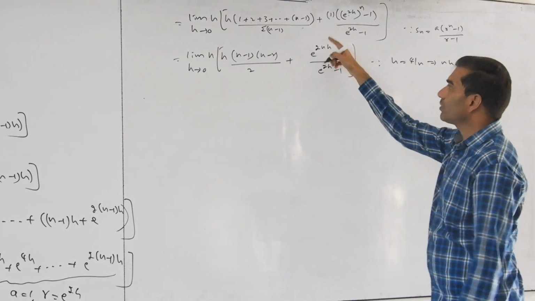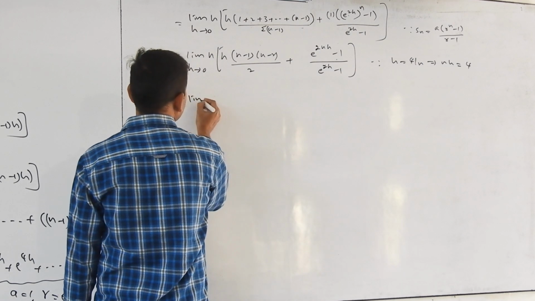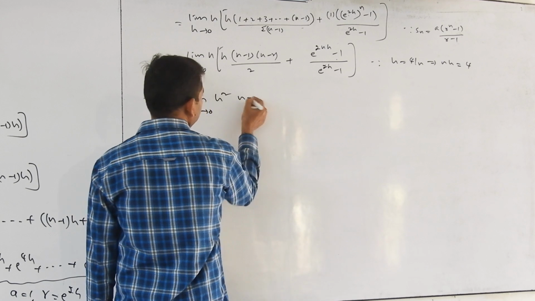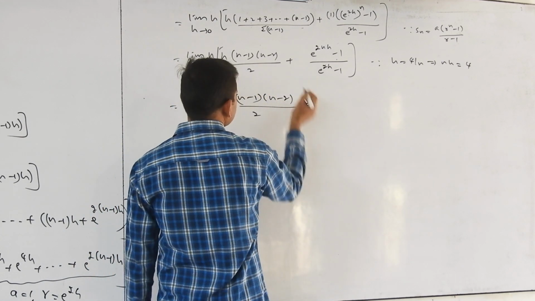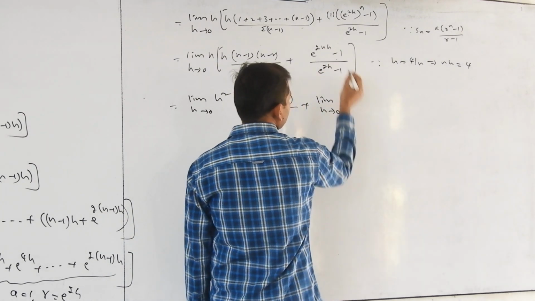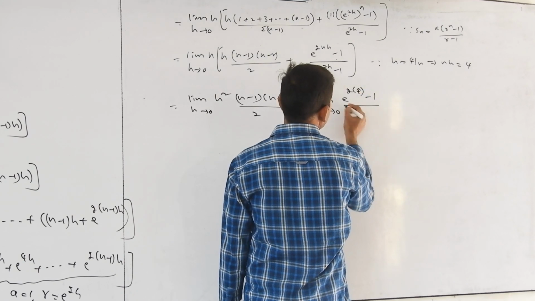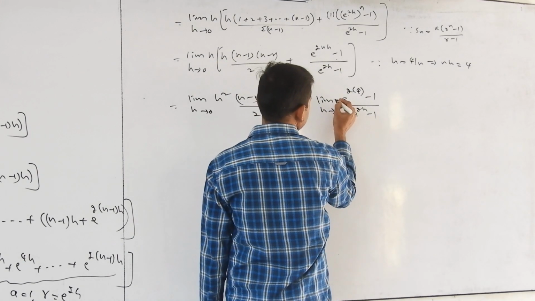So nh is equal to 4. Separate the limits: limit as h tends to 0 of h square into (n minus 1)(n minus 2) by 2, plus limit as h tends to 0 of (e power 2 nh, that is e power 8, minus 1) by (e power 2h minus 1), h also comes here.